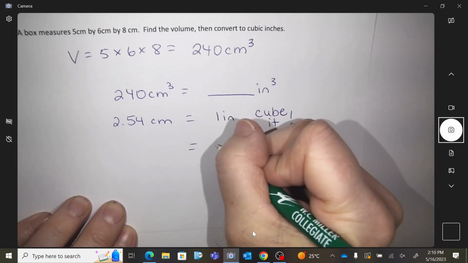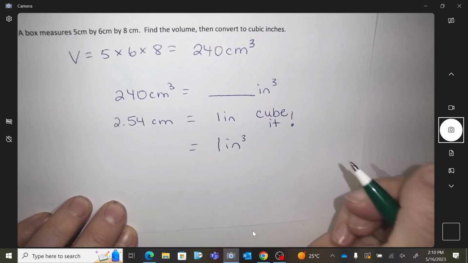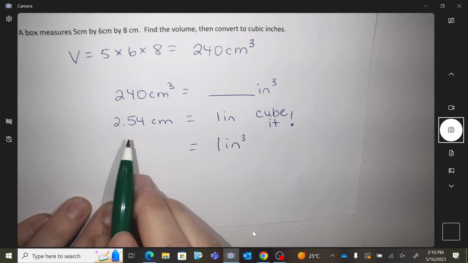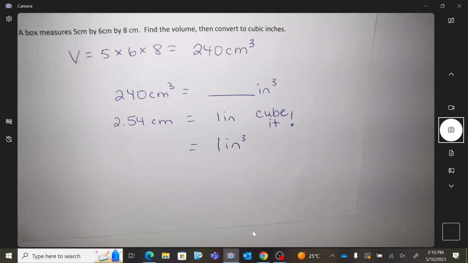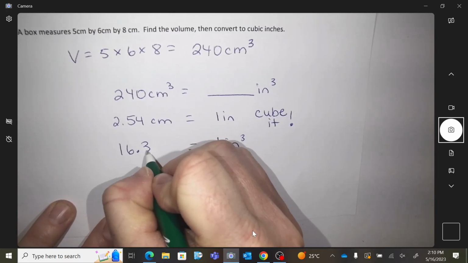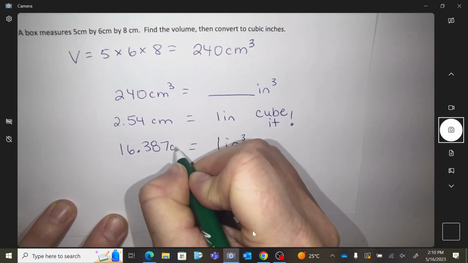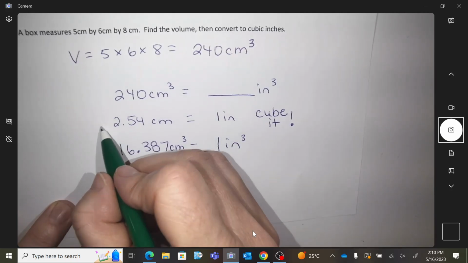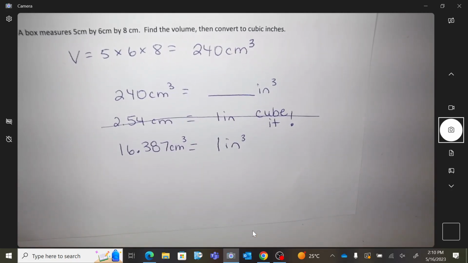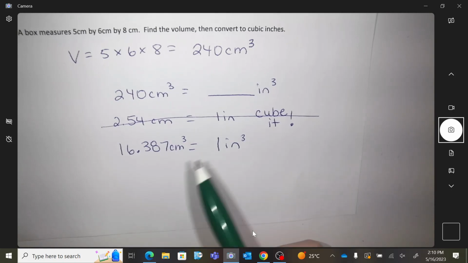So 1 cubed is still 1. And 2.54 cubed. Okay, then I'm going to get that out of there. I'm done using that. Does that make sense?